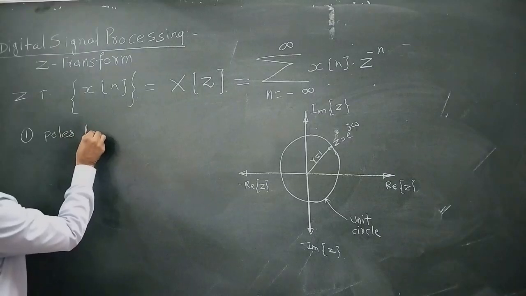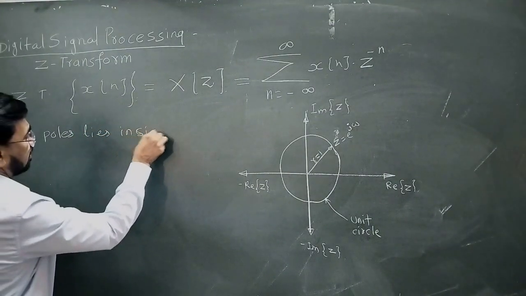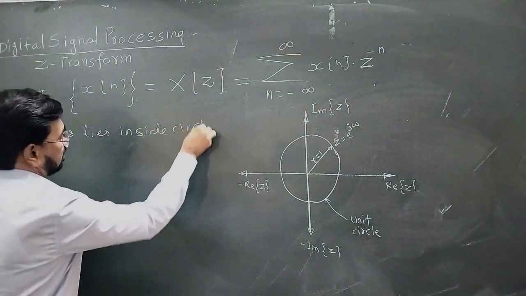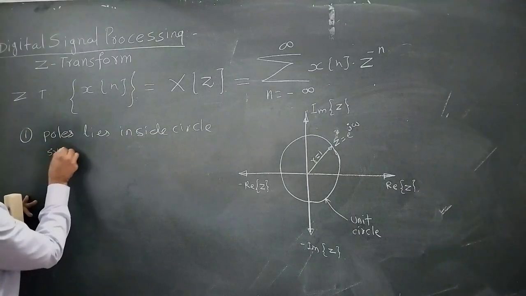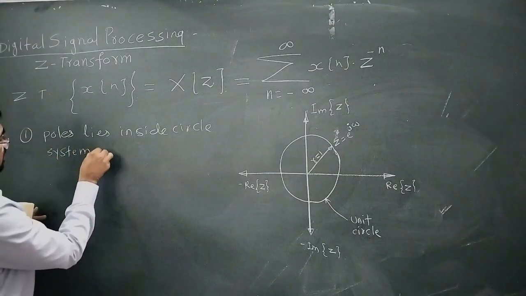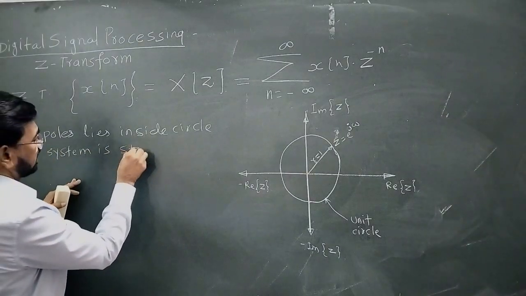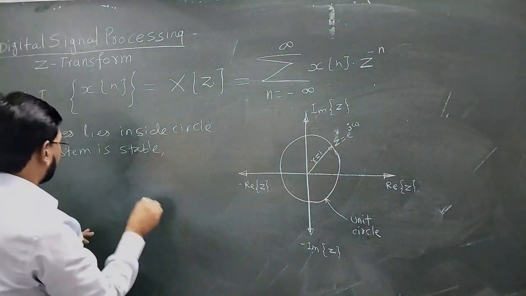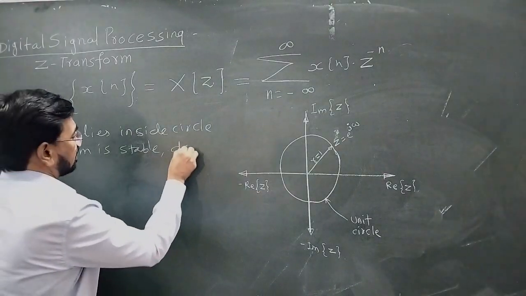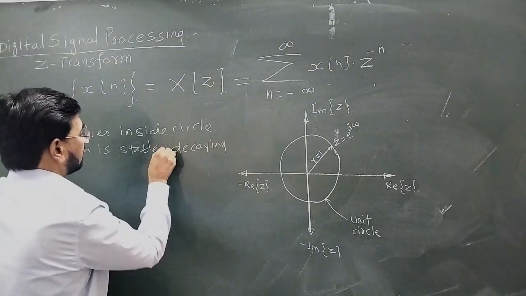What does it mean? It means the system is stable. If all poles of the system lie inside the unit circle, the system is said to be stable. Stable and decaying.